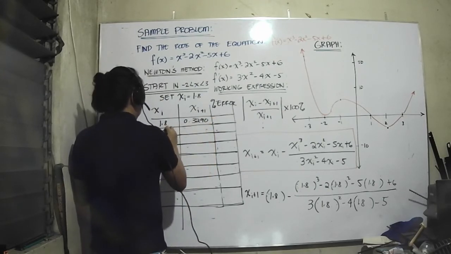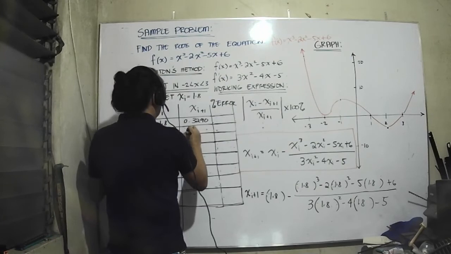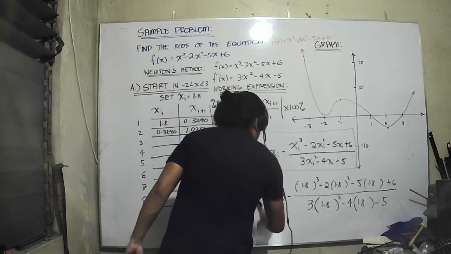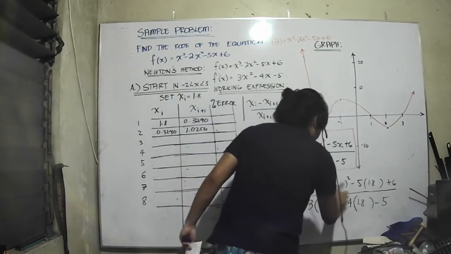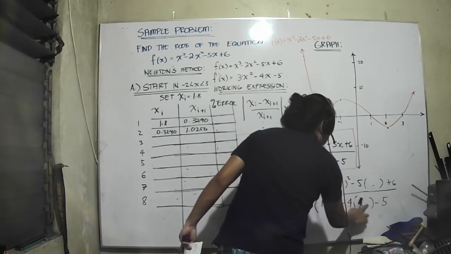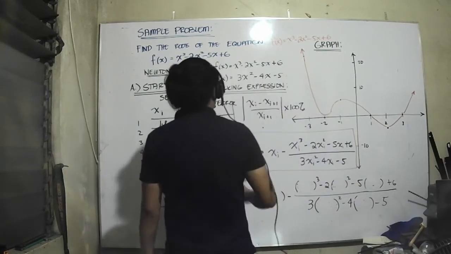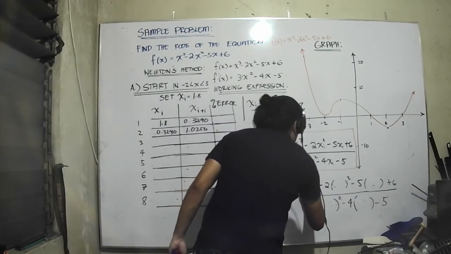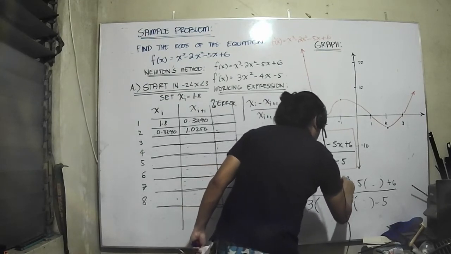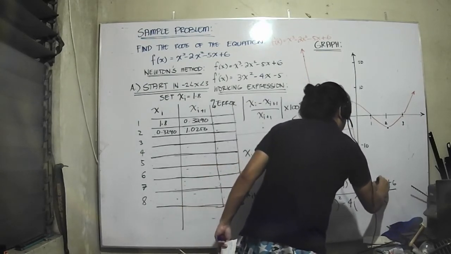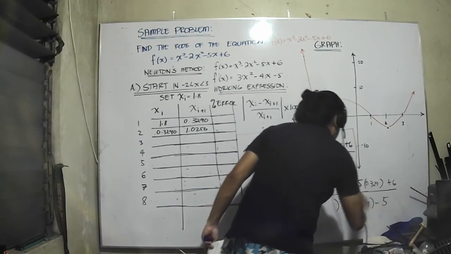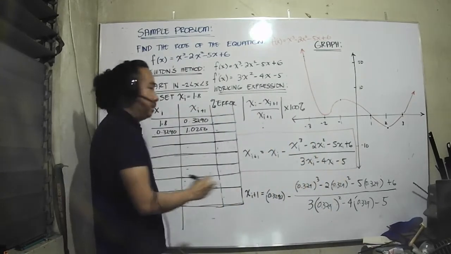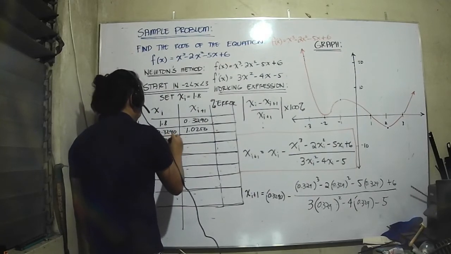Then plugging in 0.3290, we get 1.0256. Plugging in 1.0256, we get 1.256.